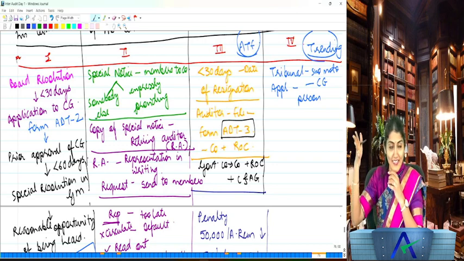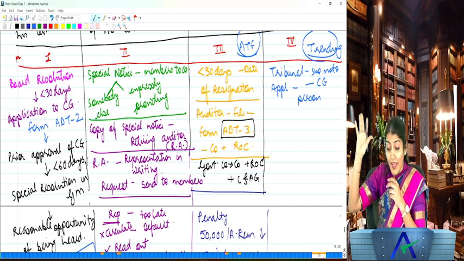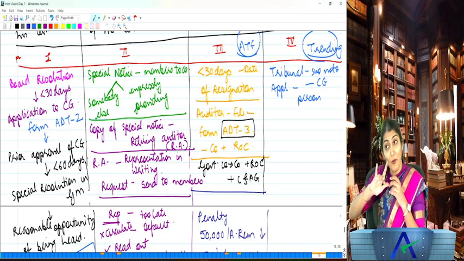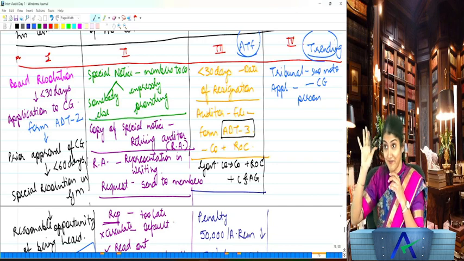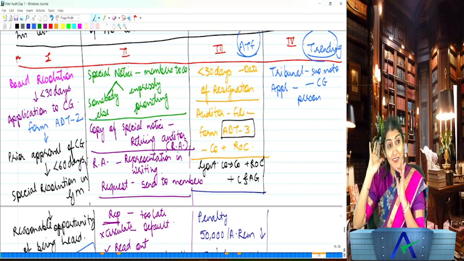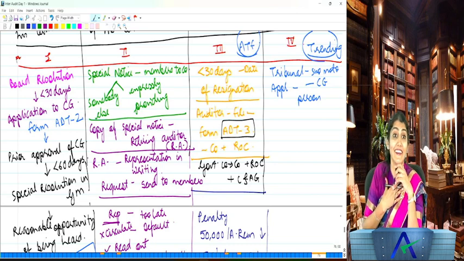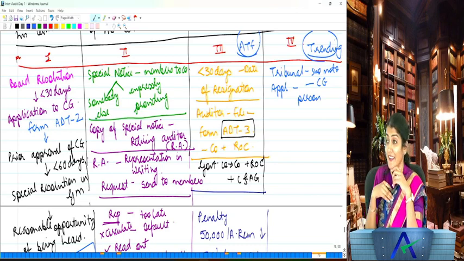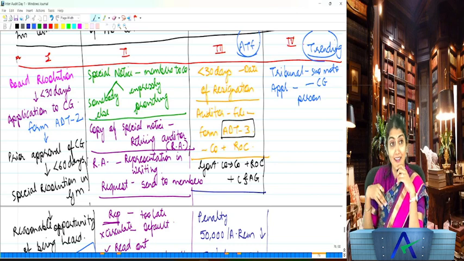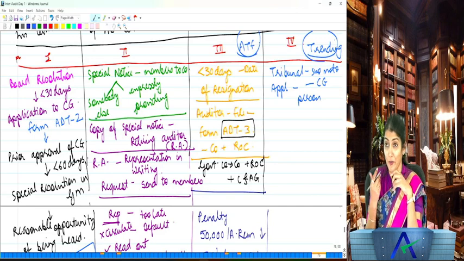Trending is what is recently coming a lot in the exam. And ATF, all-time favorite of ICAI, near and dear to ICAI. So obviously what is near and dear to ICAI has to be near and dear to us also.